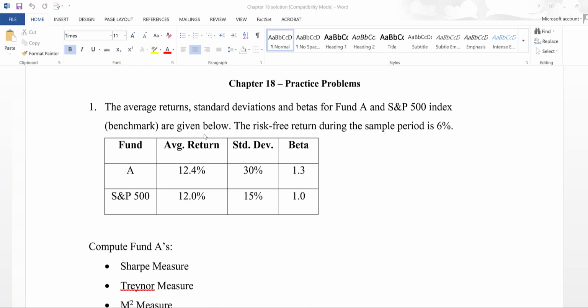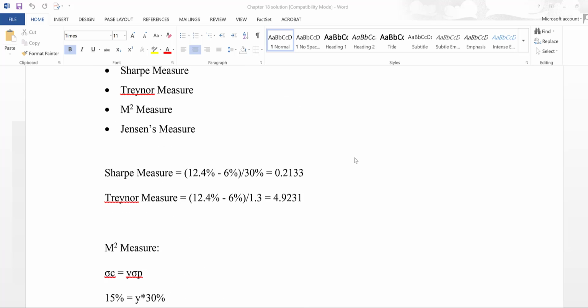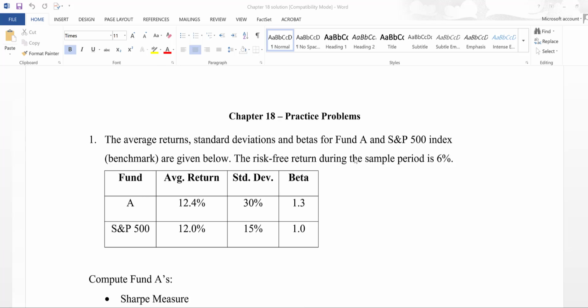Okay. Now next one is the M2, or M-squared, measure. Here the goal, if you recall from our lecture, is to match the standard deviation of the fund with that of the benchmark by adding the risk-free asset, or Treasury bills, to the fund, right?